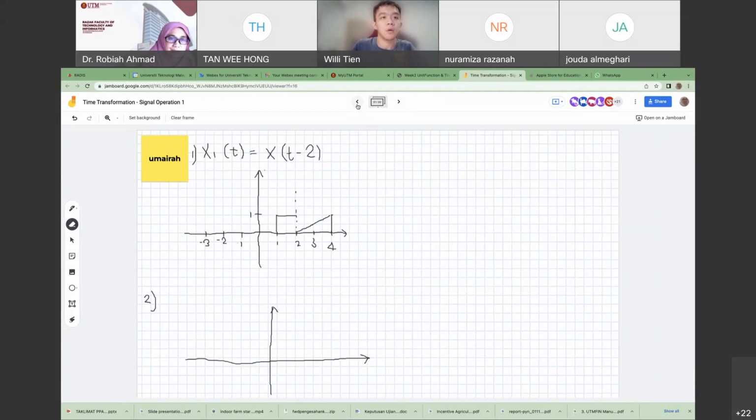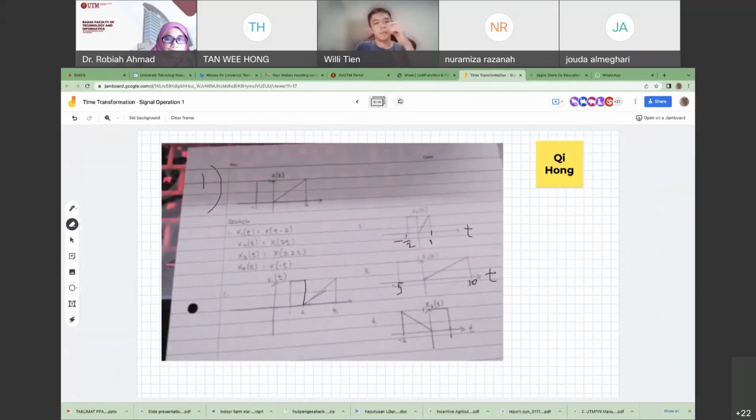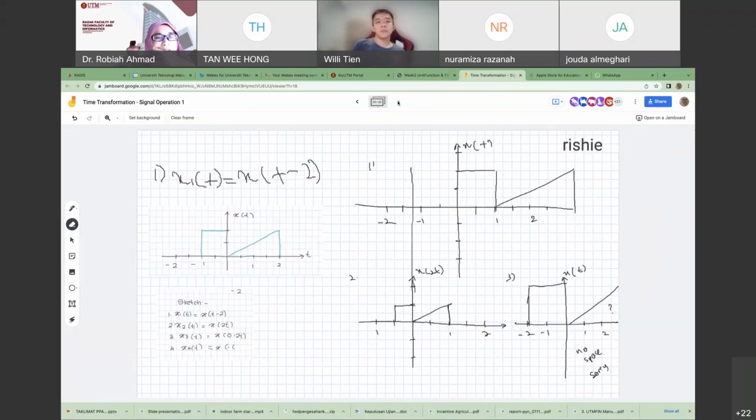Okay, teruskan, Myra. Okay. Doctor, can you add more pages so I can add my solution? I don't know how to add more pages. Add kat sini ke? How to add more pages actually. I think they allow only 20 pages. Okay, so can I post on the WhatsApp group?